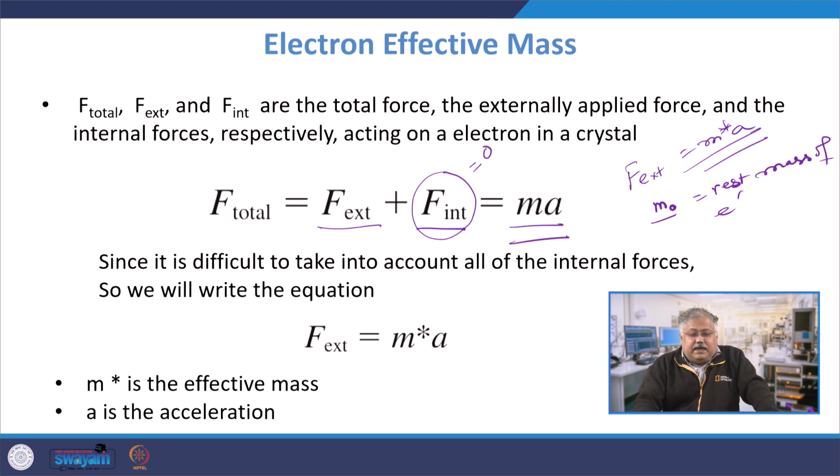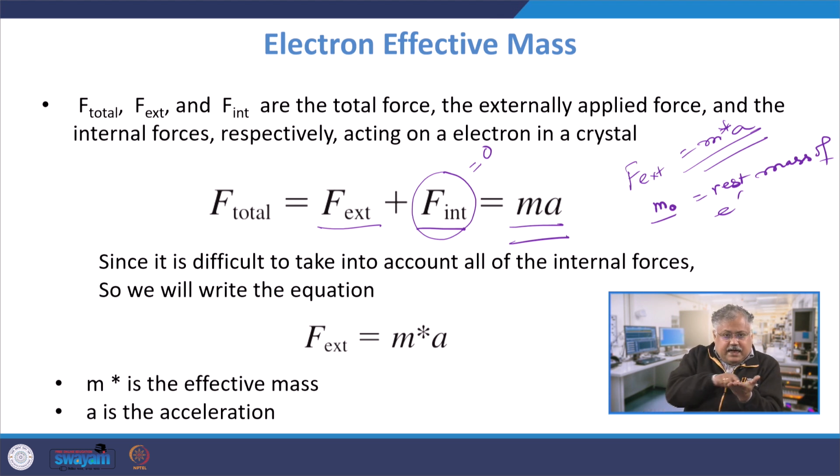M naught would have been the case had there been no influence of external forces, a single electron moving in an electric field. Here, if an electron is moving under external forces with a large number of particles available, then you will have F external as m star into a, and m star is defined as the effective mass. So the difference between effective mass and rest mass is that effective mass applies when the particle is under the influence of multiple sources, and that you see in your semiconductor silicon lattice.